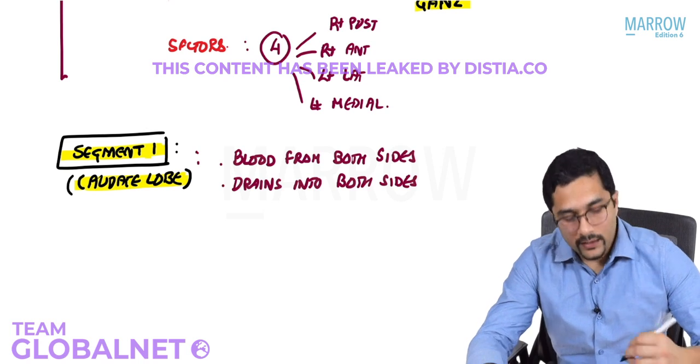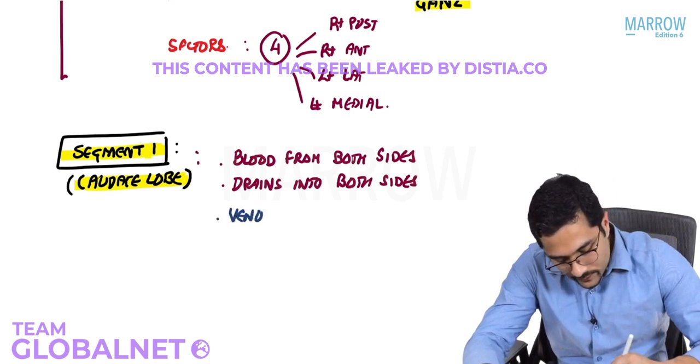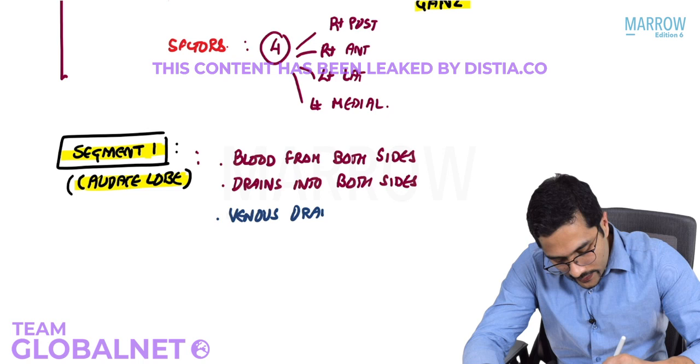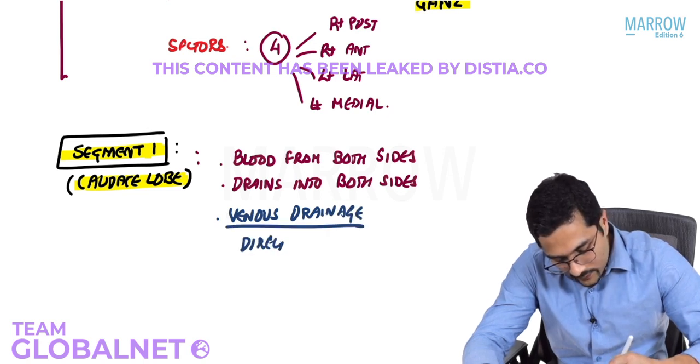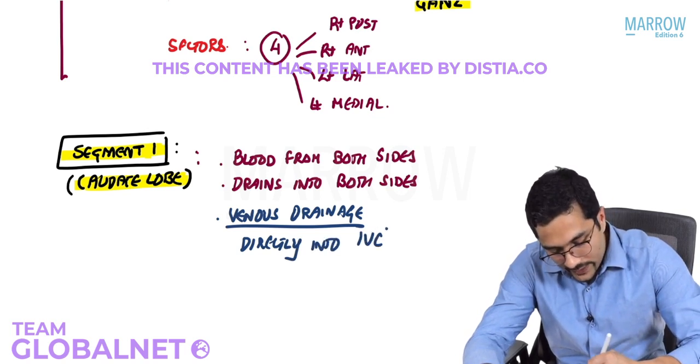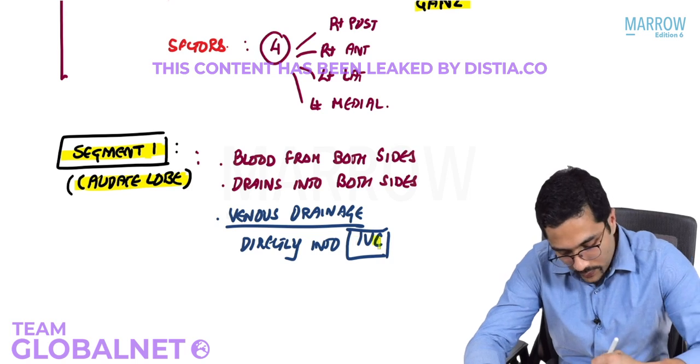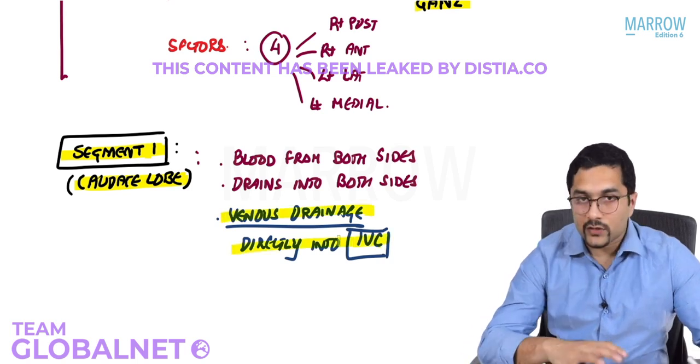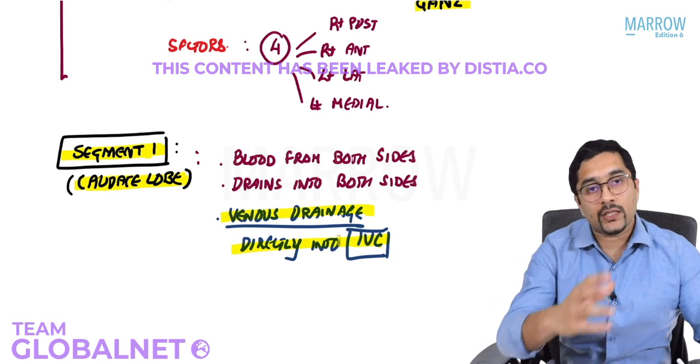But the peculiarity is the venous drainage. The venous drainage is directly into the IVC, via short veins. I'll tell you one significance of this in a couple of minutes' time, and that has also been asked in the exam.